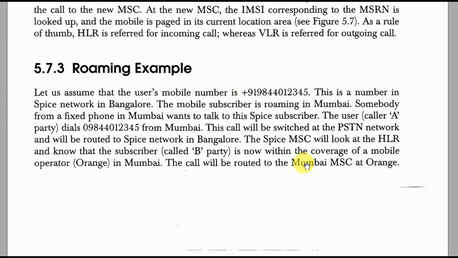The location update procedures and subsequent call routing use the MSC and both the HLR and the VLR. The information sent to the HLR is normally the SS7 address of the new VLR.